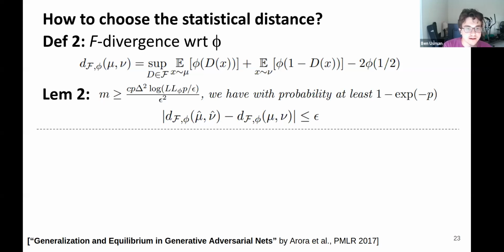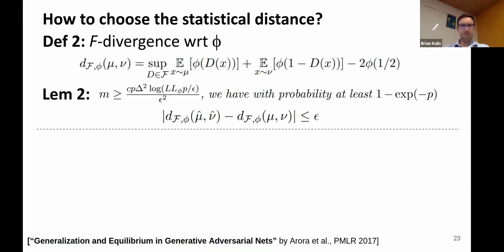But either way, it definitely does not include KL, since this lemma and the proof do not hold for KL divergence, because they explicitly use the number of parameters in those discriminators, right? And for KL divergence, there is no clear notion of the number of discriminators. When you define the KL divergence, I don't think it's applicable here. Does it answer the question?